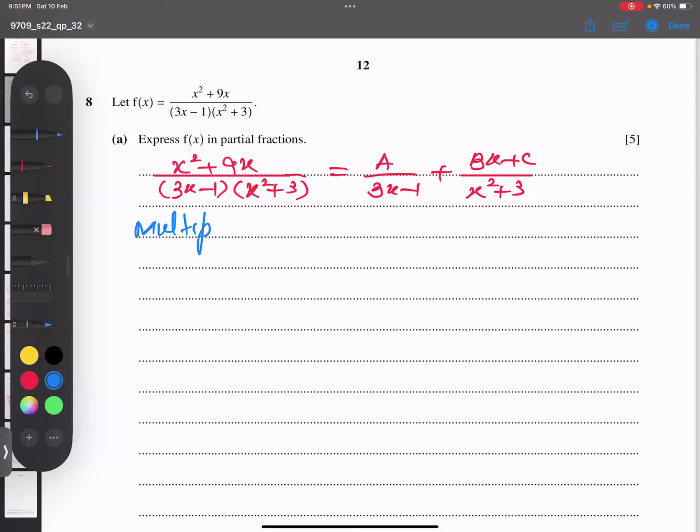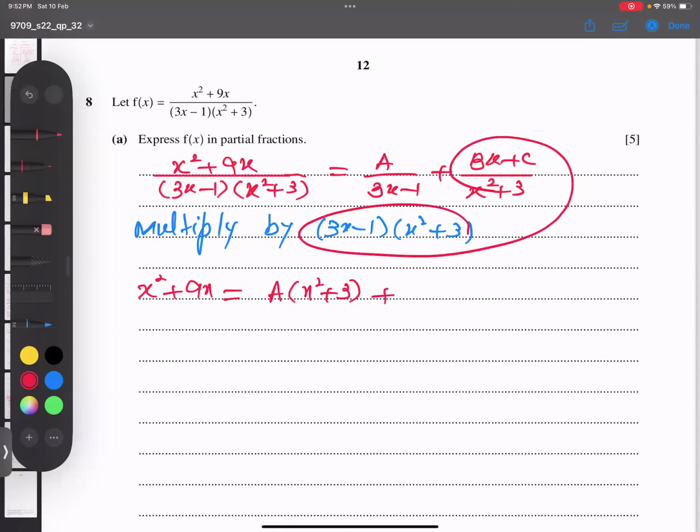So multiply by the left-hand side denominator, whatever we have. When I multiply here, it fully cancels, and I get what's in the upper part left behind: x² + 9x. When I multiply with this, this cancels with that, and this stays behind with A: A times (x² + 3).